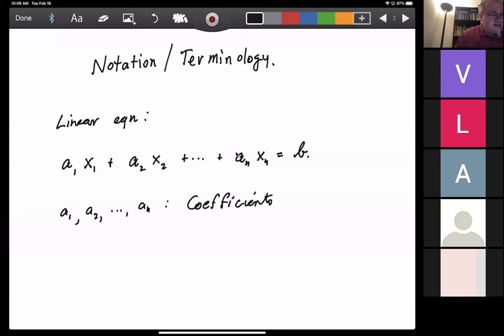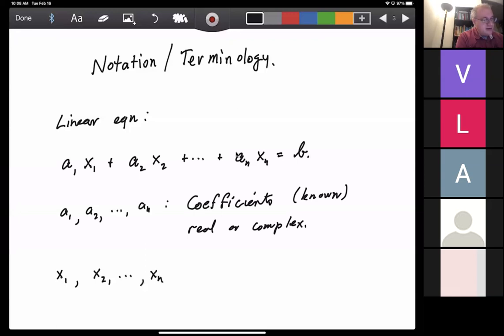We want to think of these as known quantities. These could be real numbers or possibly complex numbers. In general, they could be something other than real or complex numbers, but these will cover all the cases that are important for us in Math 305. And the x sub 1, x sub 2, up to x sub n are the unknowns or the variables.